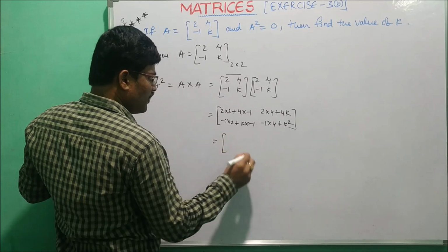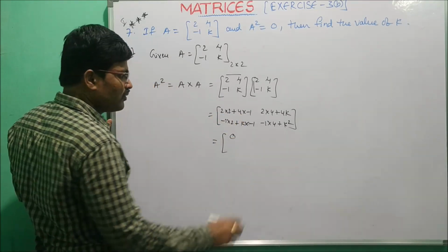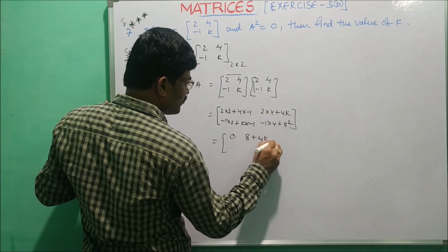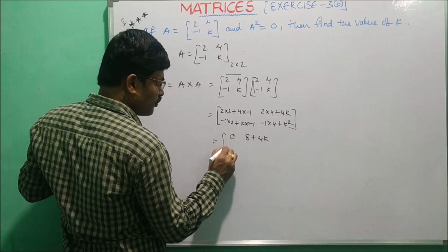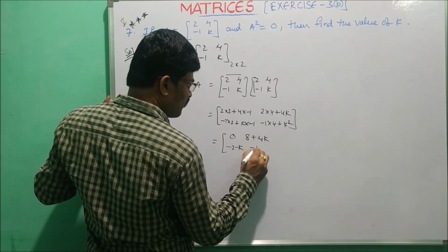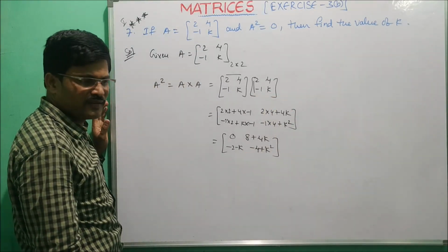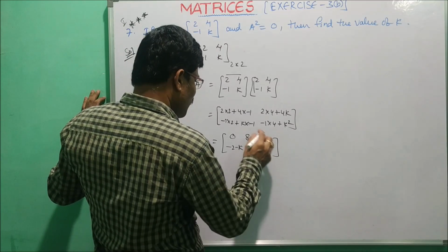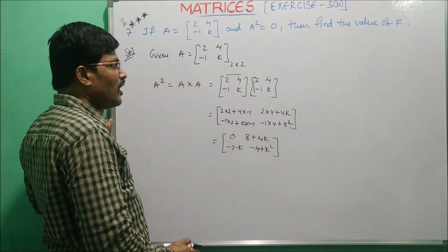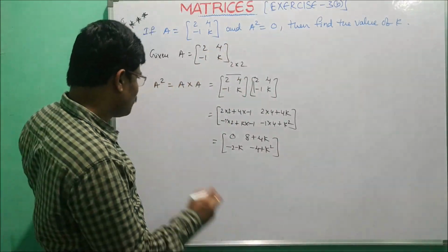Clearly it can be simplified: 4 minus 4 is 0, 2 fours are 8 plus 4k, minus 2 minus k, minus 4 plus k square. So this is the matrix A square. Already one condition is given, that is A square equals the null matrix O.